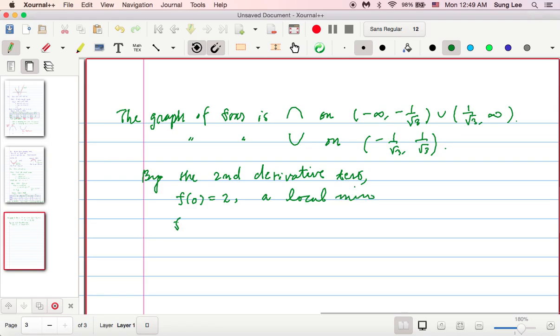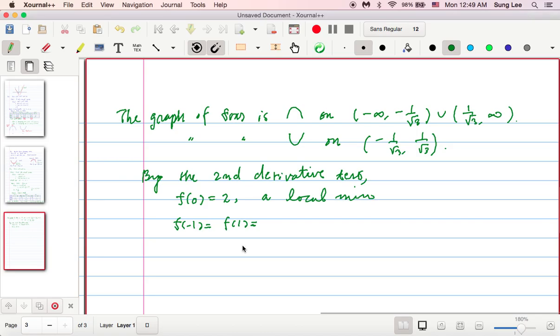And f of negative 1 and f of 1, they have the same value because the exponents in f of x are all even numbers, right?